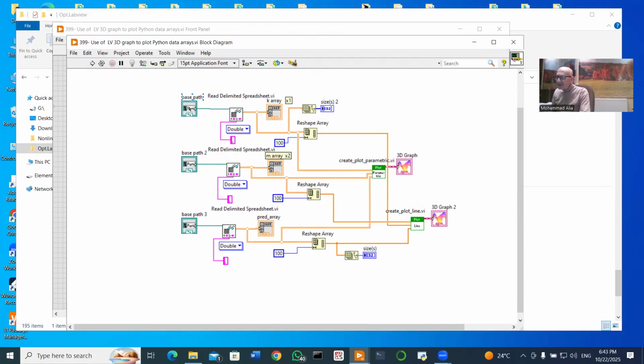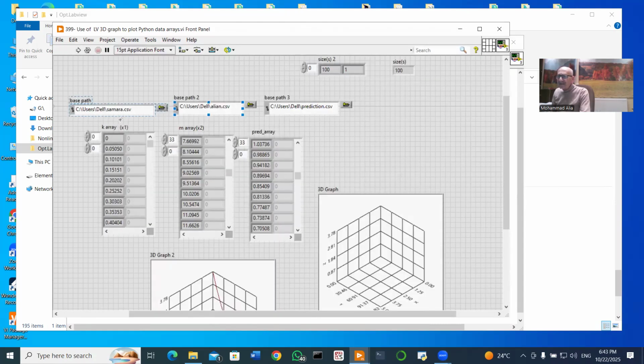This path is really the path where I have written the Python arrays. The first one, which is X1, is called Samara CSV. The second one is X2, which was called Alien CSV. And the third one, Prediction CSV.